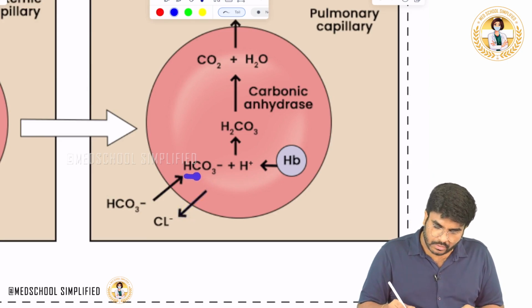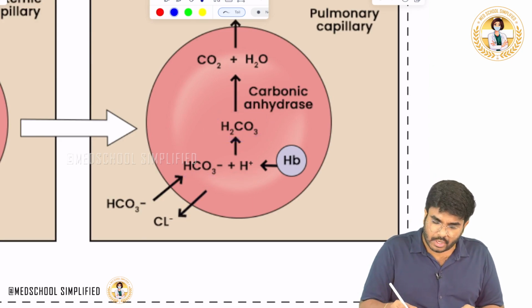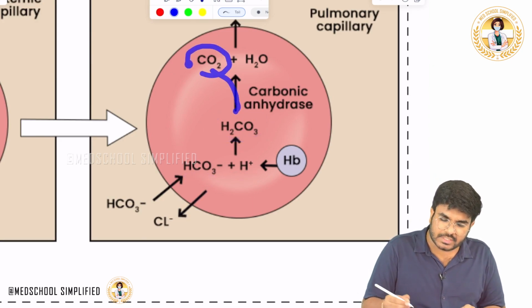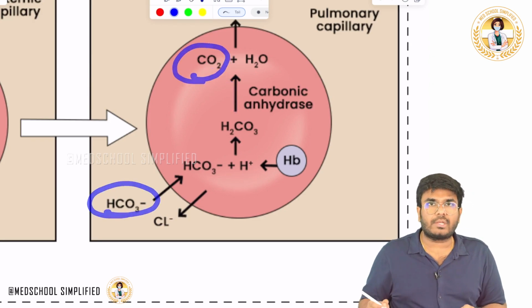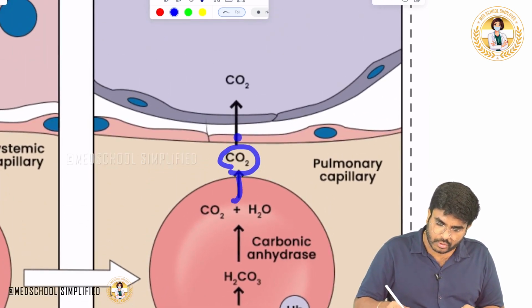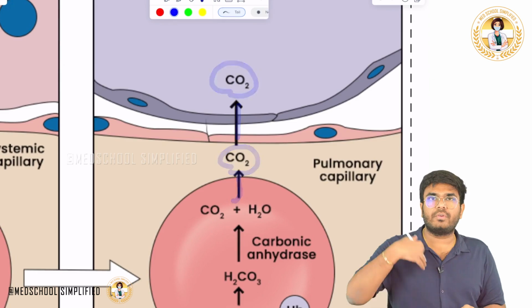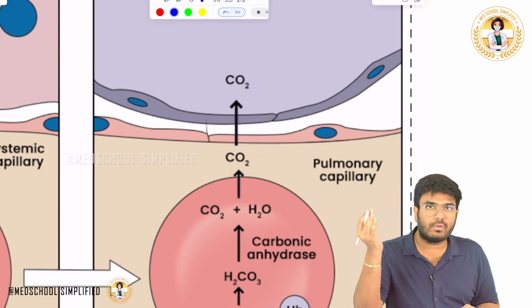So now both of them will fuse and form carbonic acid again. With the help of the enzyme carbonic anhydrase, carbon dioxide is produced again. So ultimately the bicarbonates are converted back to carbon dioxide. Now this carbon dioxide will go into your lungs, and from your lungs it will go out into the environment.